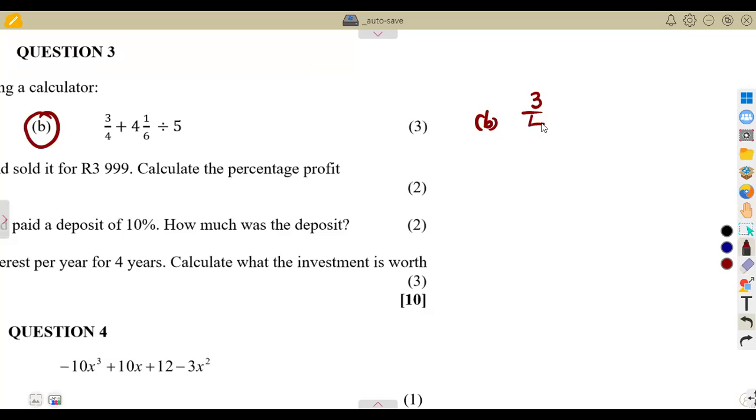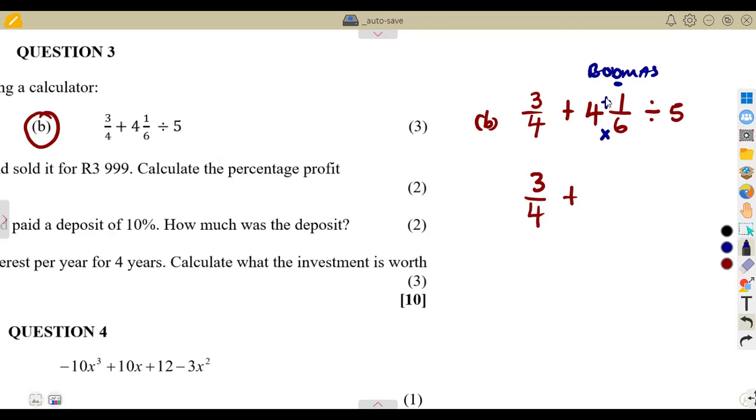The B, we still have the same consideration. This is 3 over 4 plus 4 and 1 over 6 divided by 5. There, because of the division and addition, the BODMAS again has to be applied. Brackets, of, division. So we need division first, but as we are to divide, we can also rewrite these fractions as improper fractions. Remember what I said, multiply, then you add.